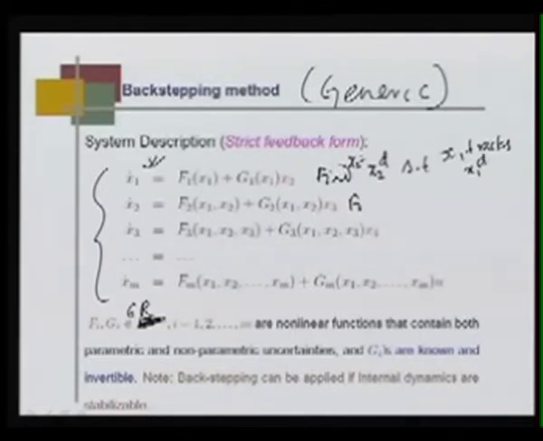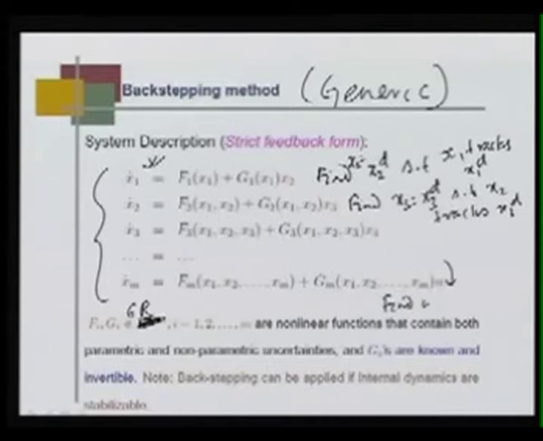Similarly, find x3 equal to x3d such that x2 tracks x2d, and so on. Finally, here find u such that xm tracks xmd. So, this is called backstepping. Okay. So, this is why it is backstepping.